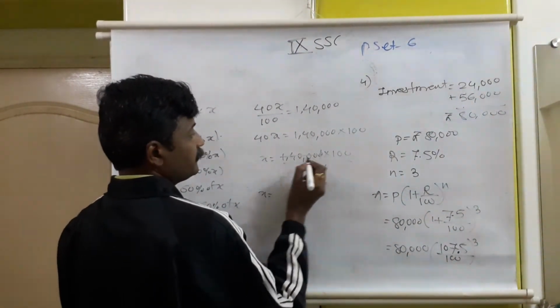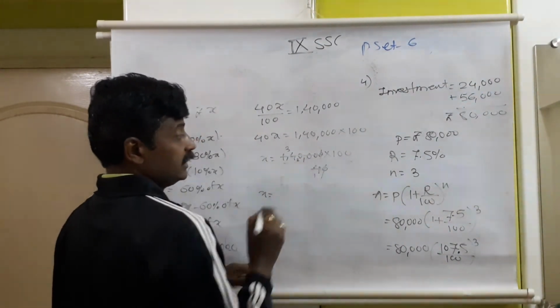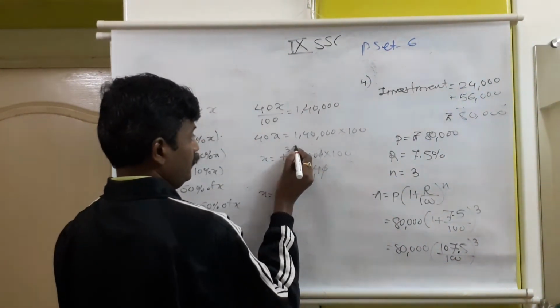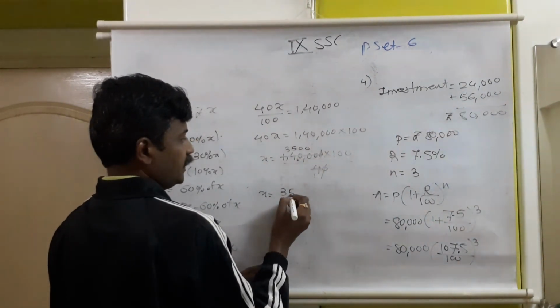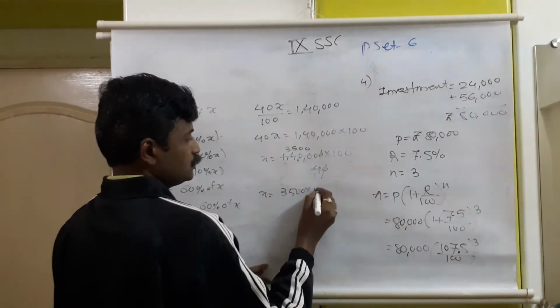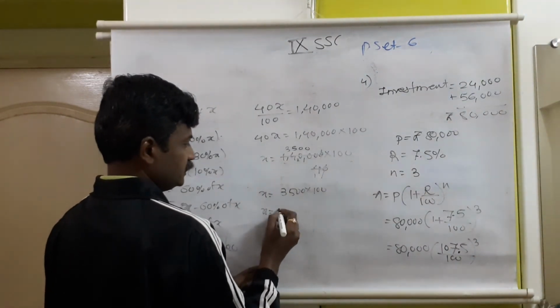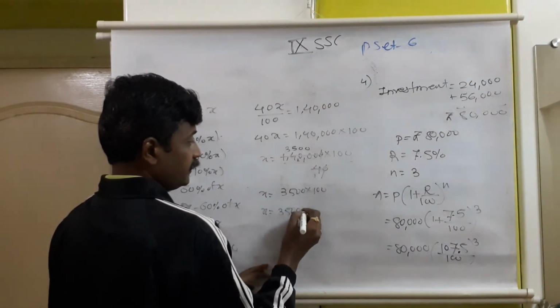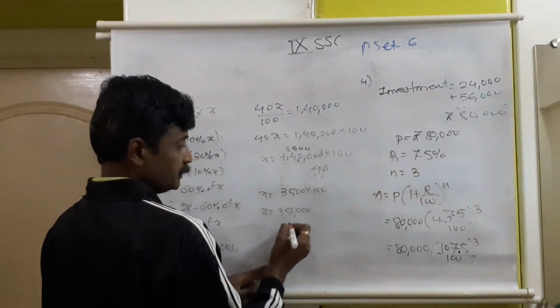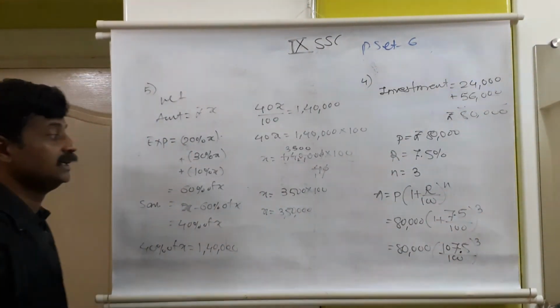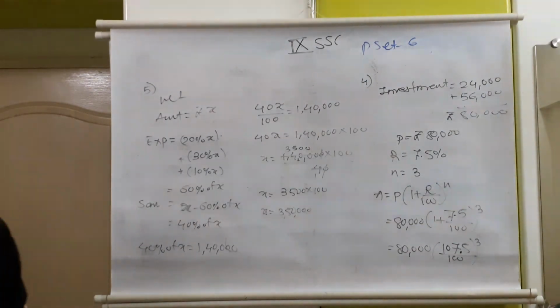Then 4 ones are 4, 4 threes are 12, remainder is 2, 4 fives are 20, and these 2 zeros. 3500 into 100, it will give x is equal to 35. 2 zeros and 2 zeros, total 5 zeros, means the amount which was with him is 3,50,000 rupees. This is the solution for sum number 5.